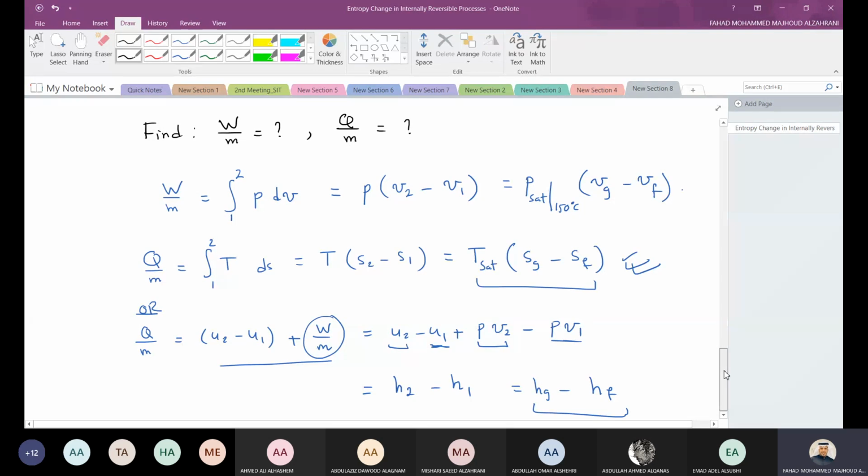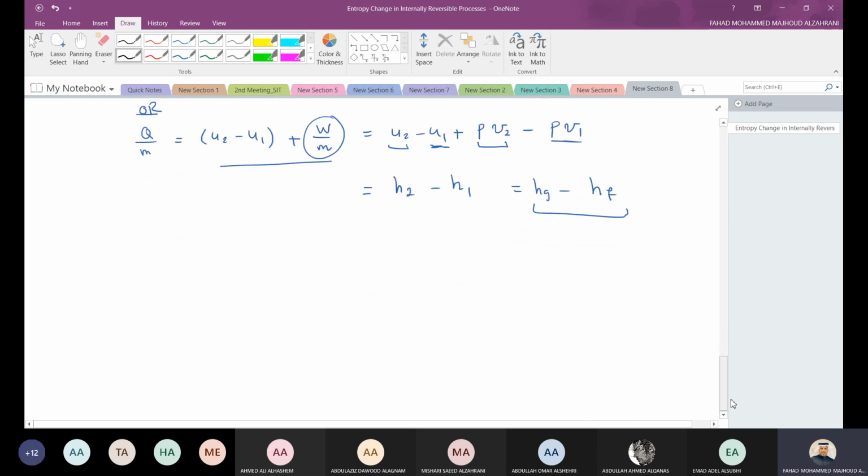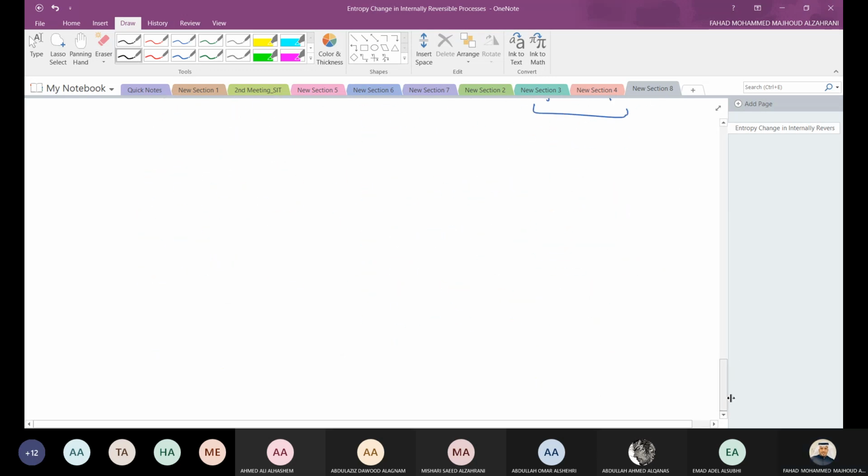This is just to evaluate work and heat. Once we do the entropy balance, we can take more examples, which will also involve work and heat. So let me just introduce this, and then we'll take, inshallah, more examples. Okay? Sounds good? Okay.